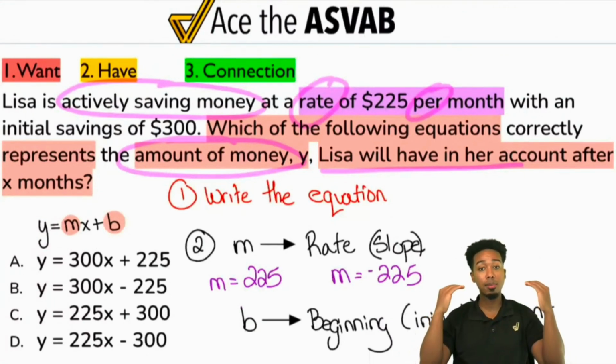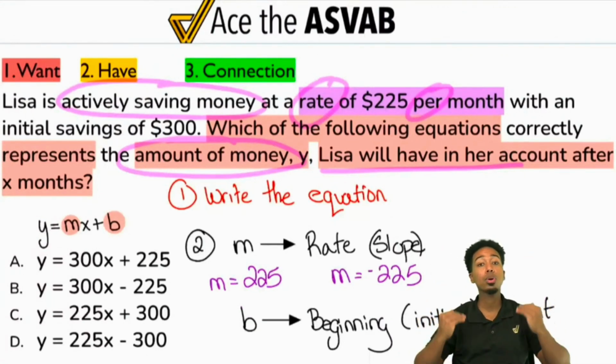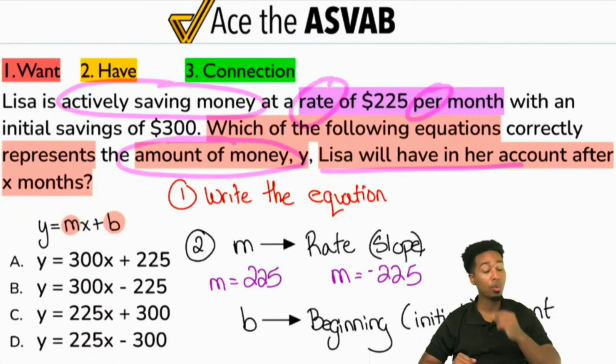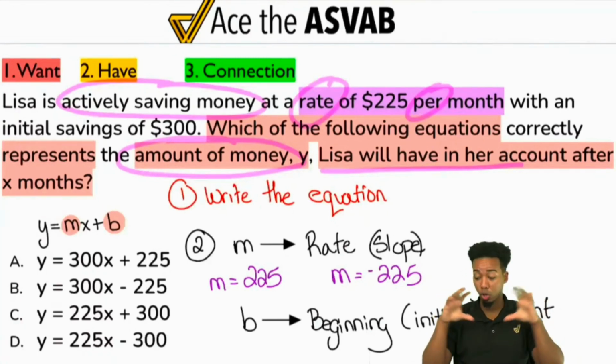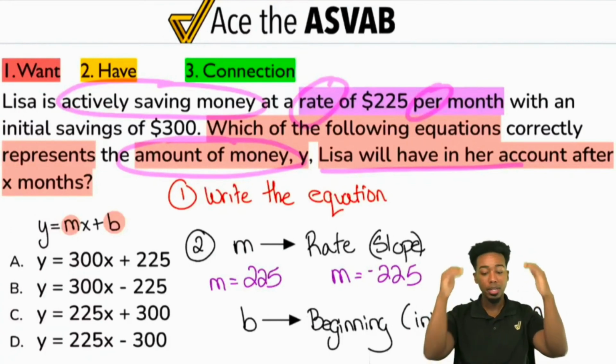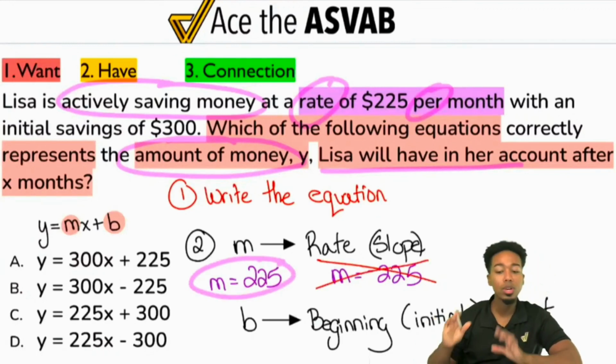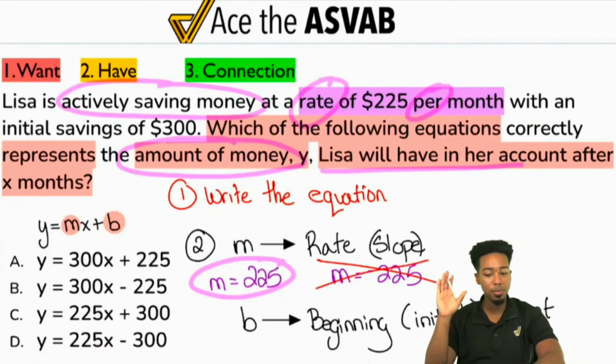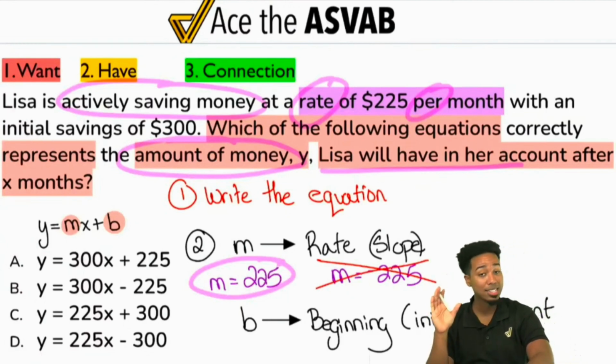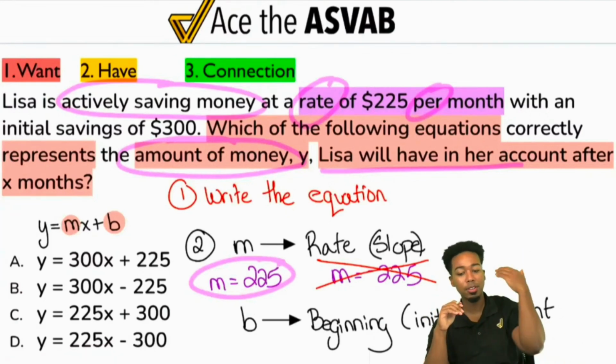When you're saving money, is the amount in her account going up or going down? It's going up. If I'm saving money, that money's going up. And that means it's going to be a positive 225, not a negative 225. Does everybody understand that? It's a positive 225 because it's earning money up. It's giving us more money.